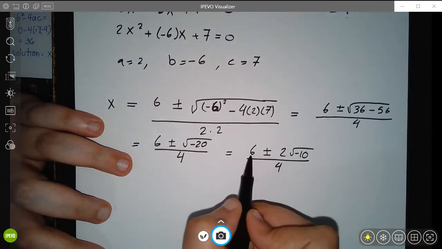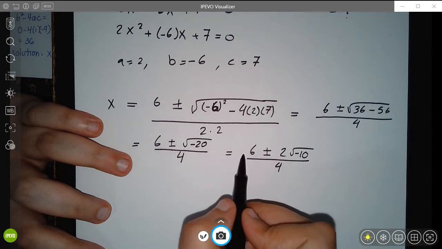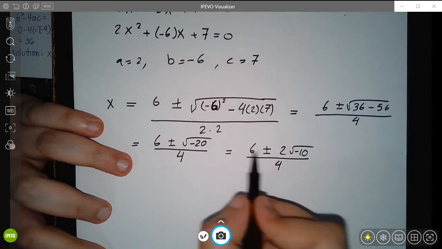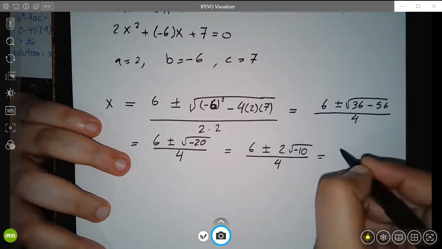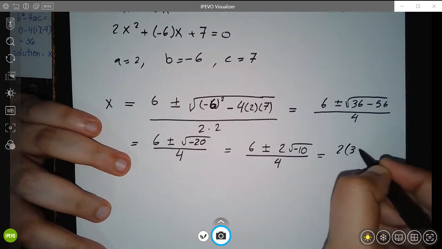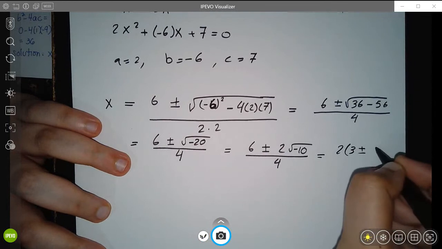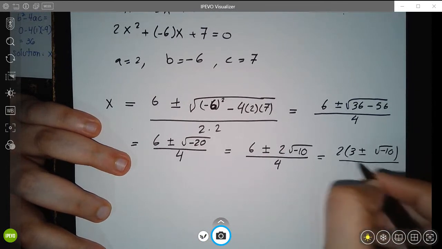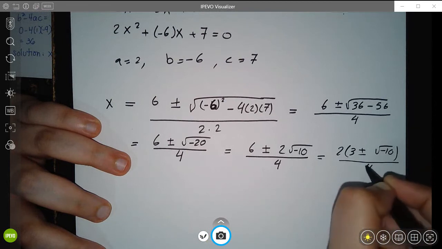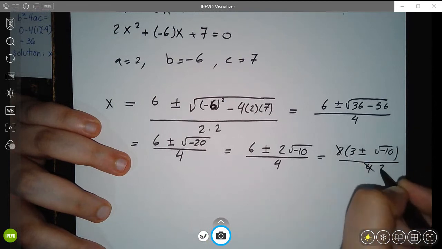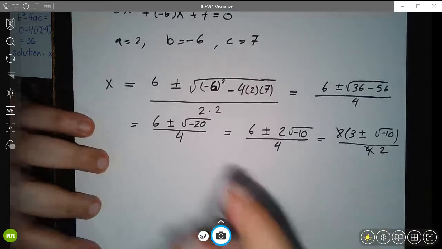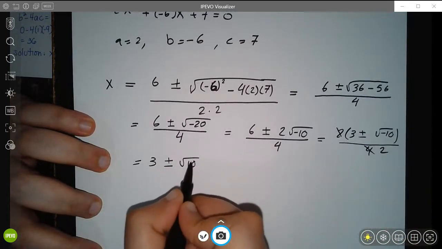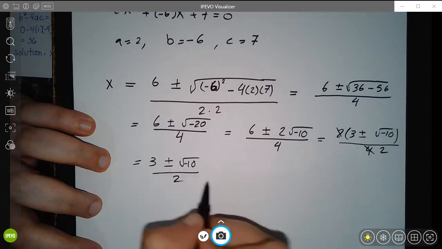Now I can factor the 2 out of the 6 as well. So this becomes 2 times 3, right? And I can simplify a 2 out of each one. So you have 2 as a common factor. We have 3 plus or minus root of negative 10 over 4. So 2 cancels with the 4, and you end up with 2. So you have 3 plus or minus root of negative 10 over 2.